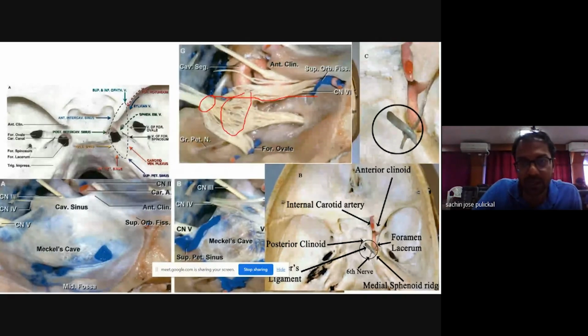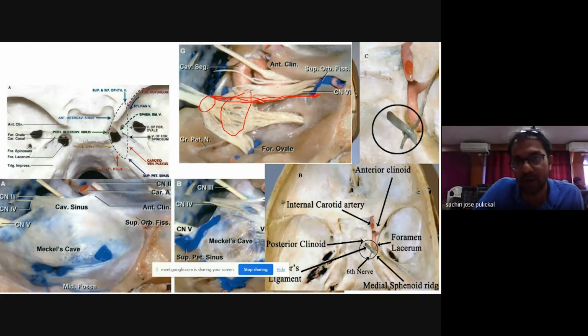And this one third of the Gasserian ganglion is situated inside the cavernous sinus. So the part of V1 is situated inside the cavernous sinus, and this part forms the lateral wall of the cavernous sinus. The inferior half of the Gasserian ganglion as well as V2 and V3 is situated outside the cavernous sinus. So technically, when I say the fifth nerve is related to the posterior wall of the cavernous sinus, it doesn't enter into the cavernous sinus.